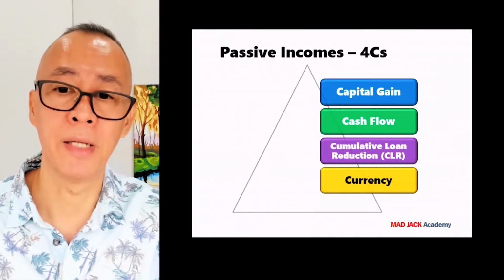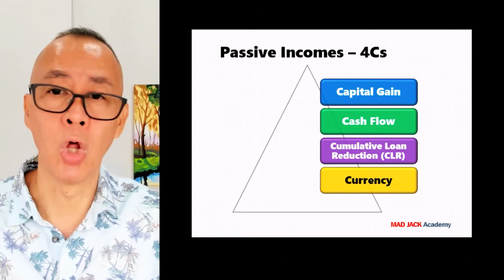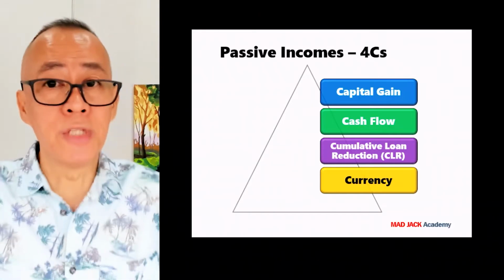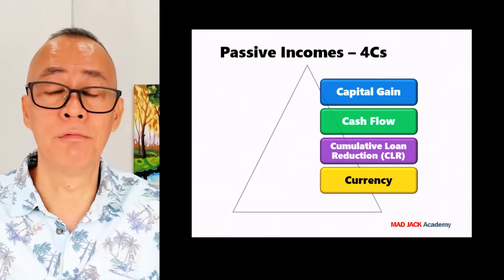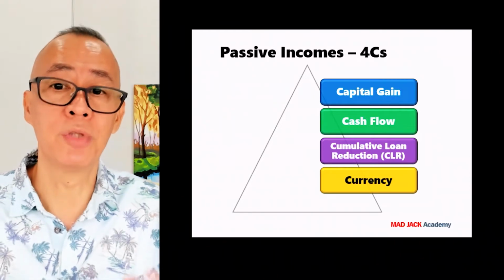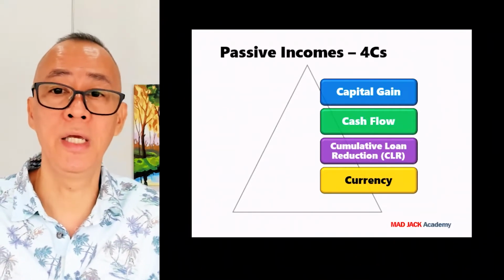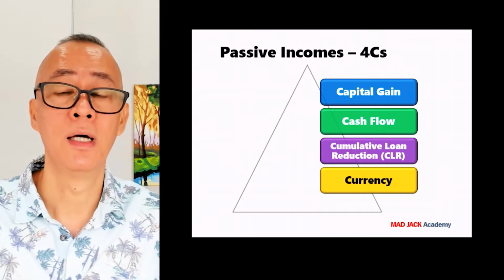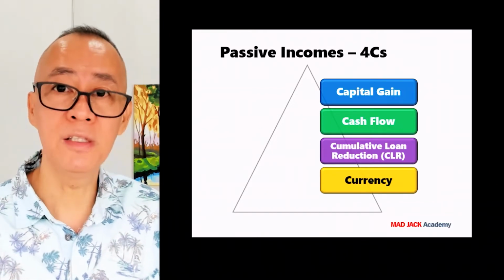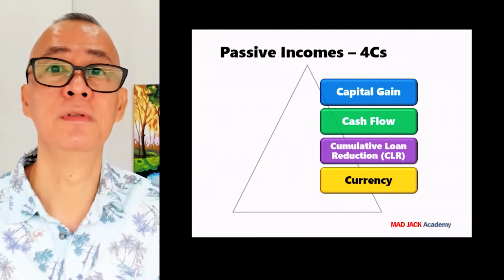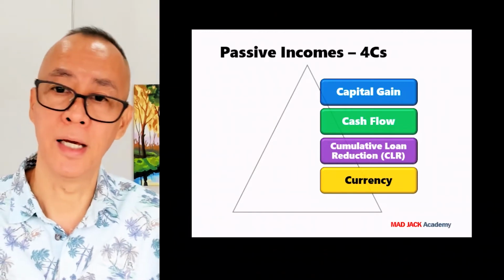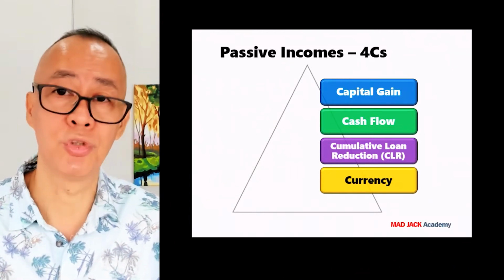So when you convert back, my Sing dollars become a lot more, and there's no tax on that. Typically, for a country like Singapore, there's no capital gain tax. Currency gain is a form of capital gain also. But do take note, the rental income is taxable in most countries, and the interest cost is tax deductible.